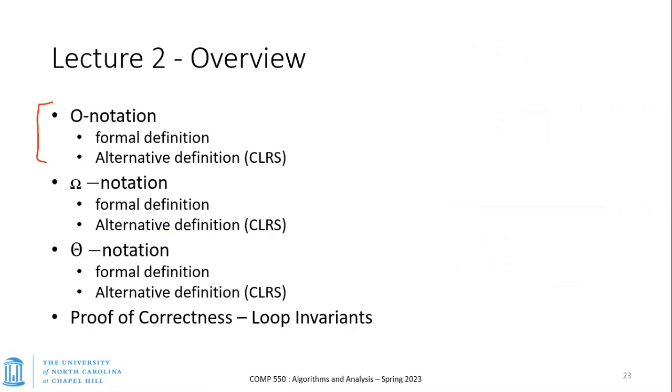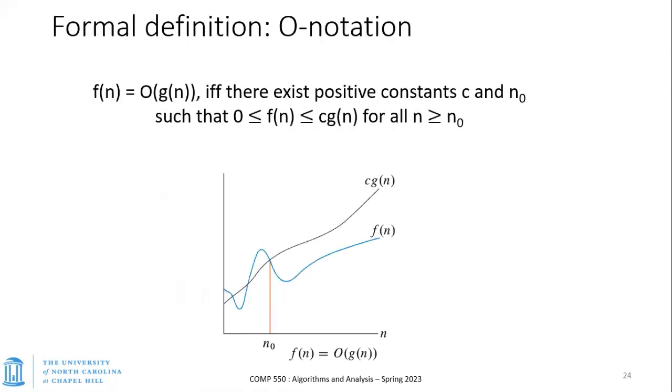Now we're going to go into a more formal definition of big O. Okay, and then we'll look at two possible definitions, and then we'll go forward with the omega notations. So what is a formal definition?